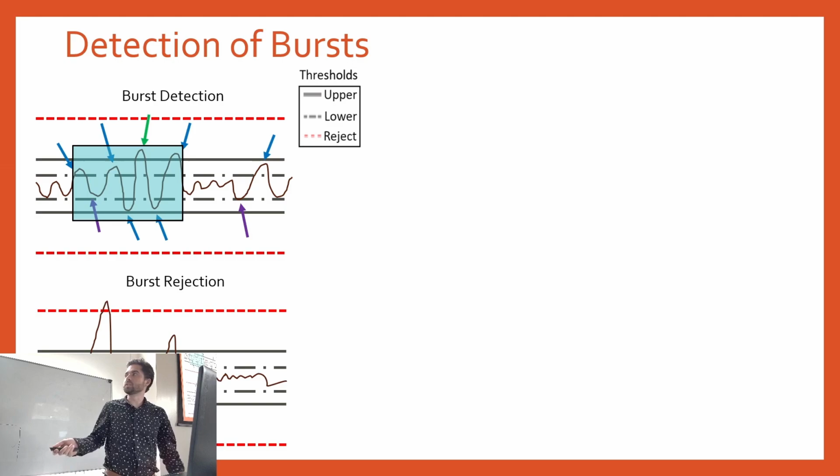We're also able to reject things like eye motion or eye blink artifacts based on a third threshold, like you can see here, where we immediately reject the surrounding area, or if there's not enough oscillatory nature of the burst.